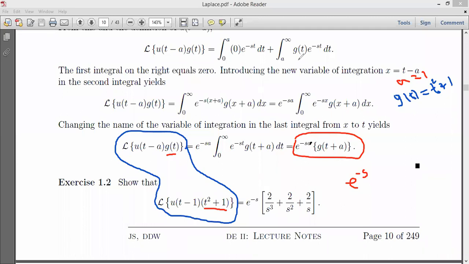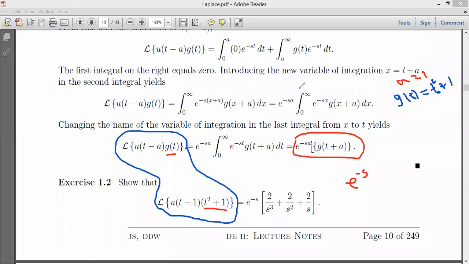Clear that, erase. So it is e to the minus s, then the Laplace of that balance. I'm hoping we are clear now.